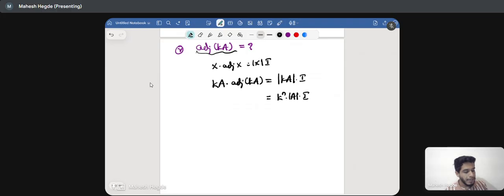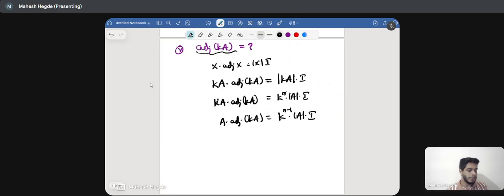Here on the left hand side, we have KA into adjoint of KA matrix. I can cancel out K on both sides, so on the right hand side K power n minus 1 remains. On the left hand side, I have A into adjoint of KA is equal to K power n minus 1, a constant, into determinant of A, a constant, into identity matrix.